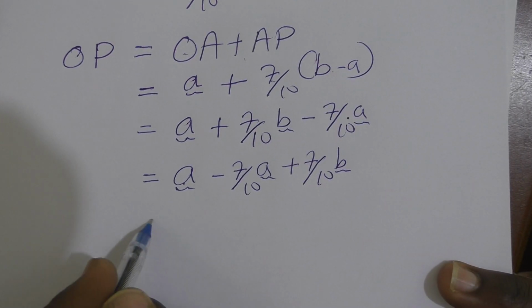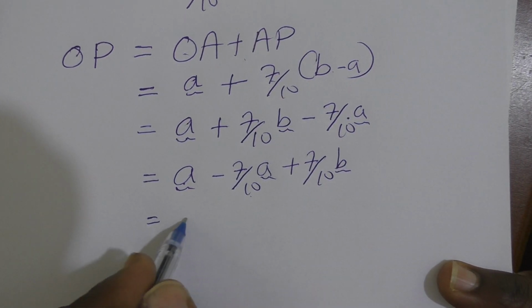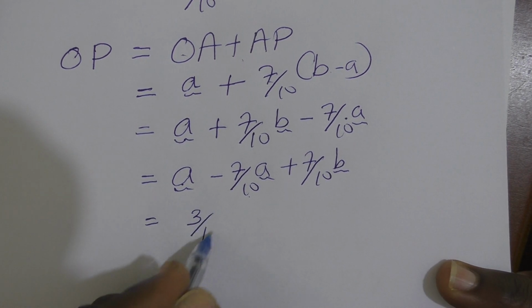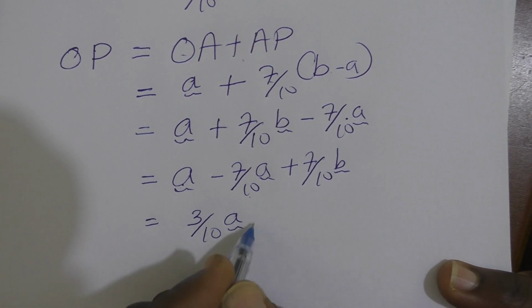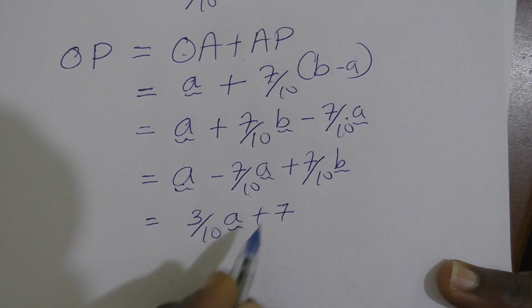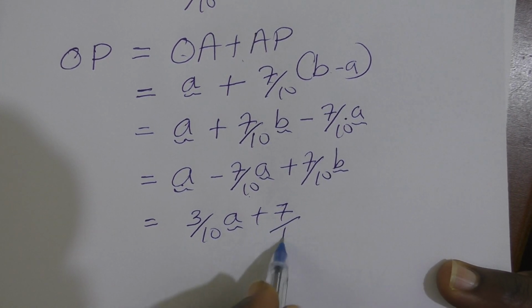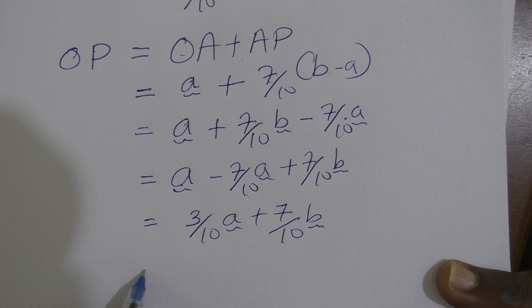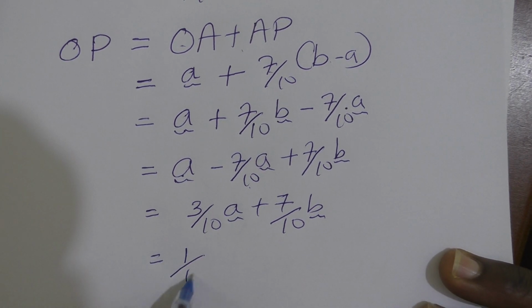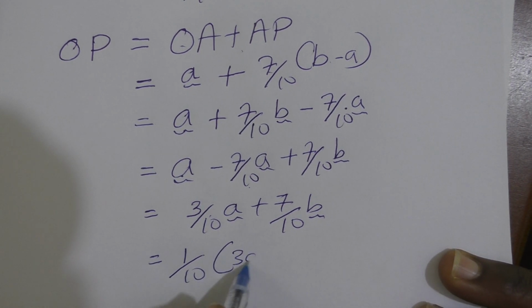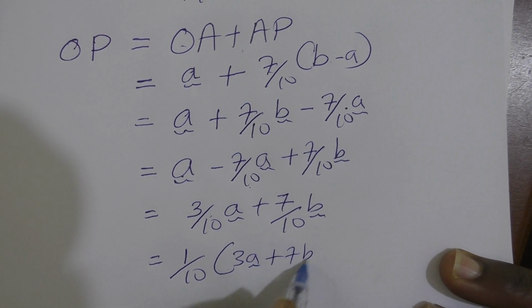So A minus 7 over 10A gives us 3 over 10A plus 7 over 10B. So the common factor is 1 over 10. You remain with 3A plus 7B.